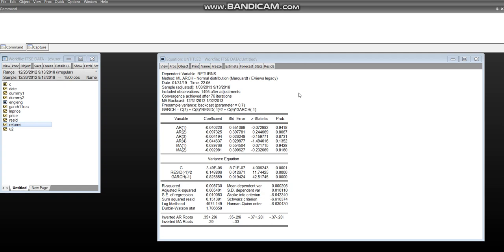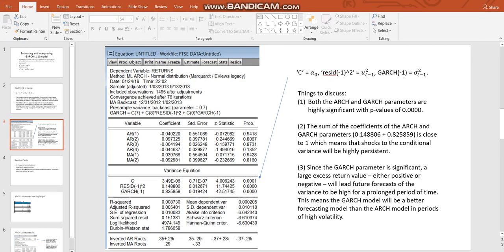I actually want to go onto my PowerPoint presentation again, because I think this makes it easier to present the kind of things that you should be talking about when you're analysing it. Again, a lot of your analysis should be focused on the variance equation rather than the mean equation.